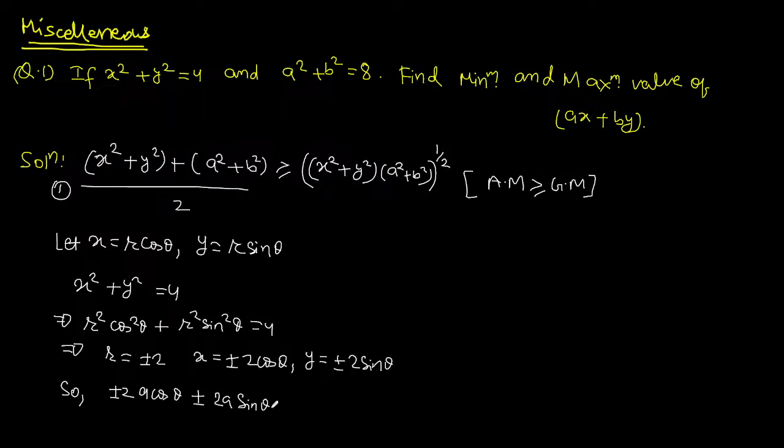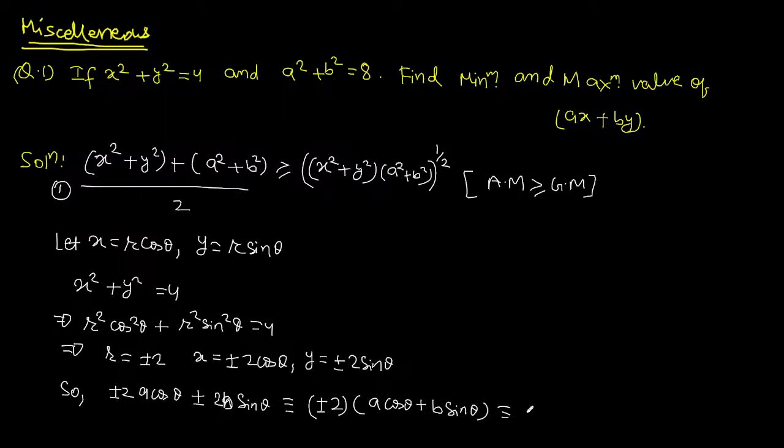and by is plus minus 2b sin theta. So we know that it is plus minus 2 and we are left with a cos theta plus b sin theta.